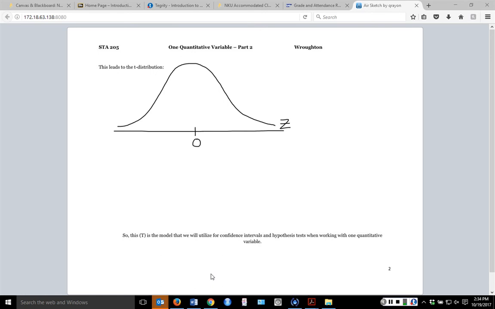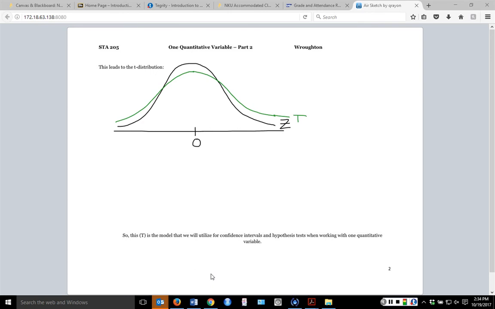Now what the T is going to look like, I'm going to try to make sure I draw this pretty well for you, so I need to have a target to go for. It actually looks a lot like the Z. So let's talk about what's the same about it and what is different about it.